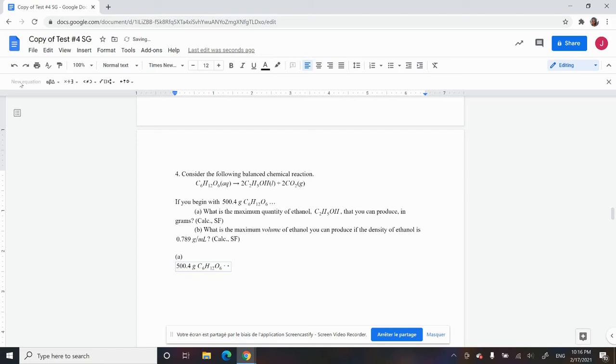So first I need to figure out the molar mass of C6H12O6. So I get, oh, that's not right. 180.18 grams per mole.